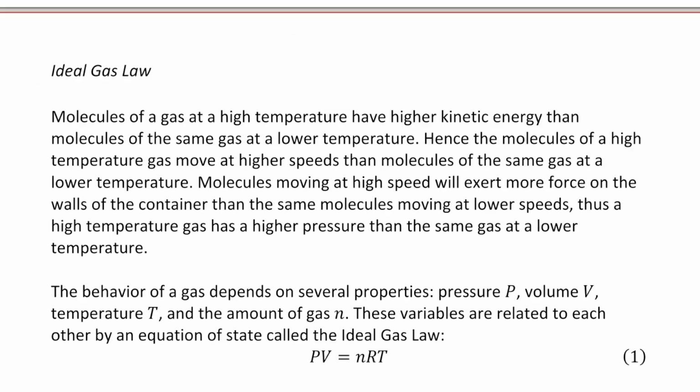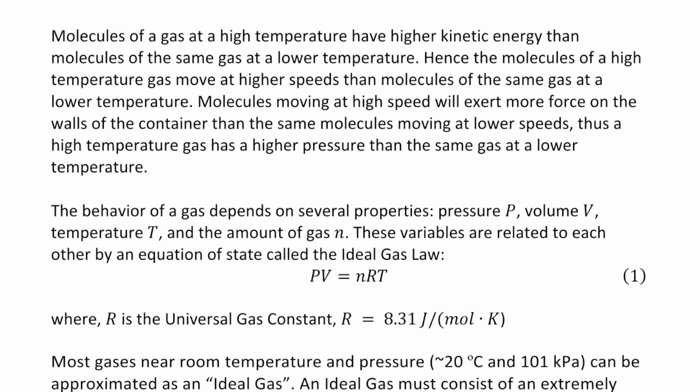Again, they mentioned that PV equals nRT. P is pressure, V is volume in meters cubed, n is moles, R is a constant equal to 8.31 joules per mole Kelvin, and T is the temperature measured in Kelvin. One thing to be careful with is this V. If V equals 1 liter, that doesn't mean you put 1 liter here.